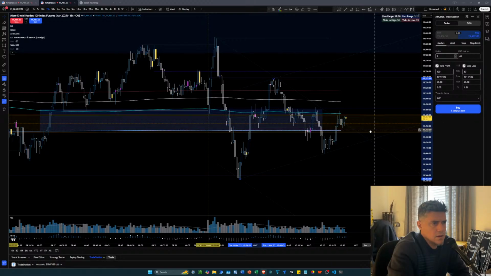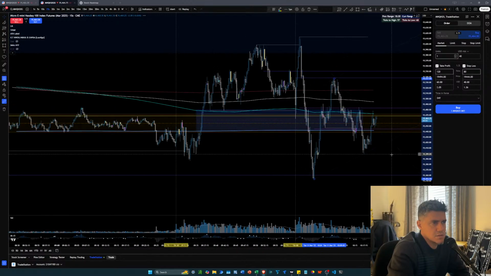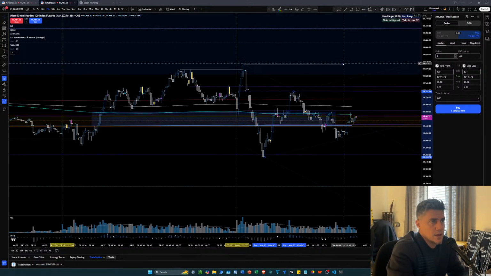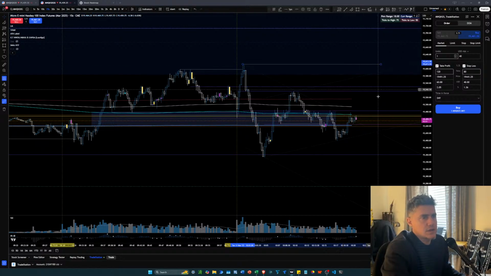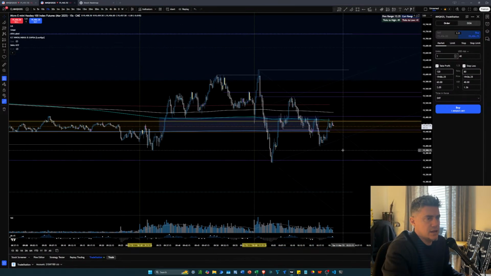No trigger, no trade, but I want to get long here, man. I think when this 20 breaks, the price is going to smoke them long here. I think we're going up to 19,613 if I had to guess.